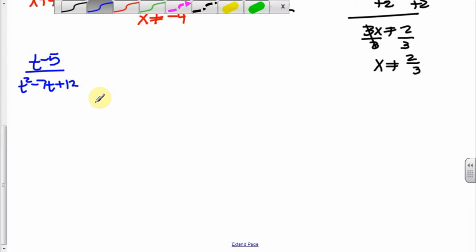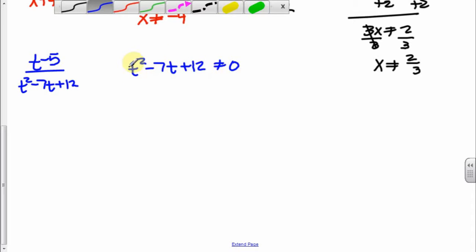And I want you to tell me the restrictions on t. So I'm looking for where the denominator would be equal to 0. You're going to come over to the side and you're going to set the denominator not equal to 0. So just work it like it's an equal sign. This is just a not equal sign.